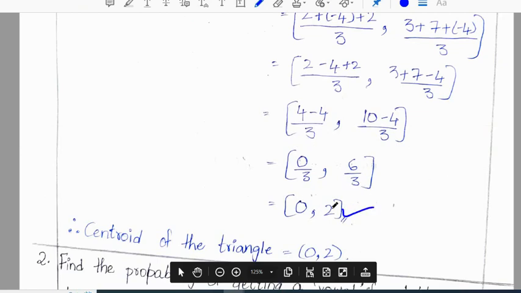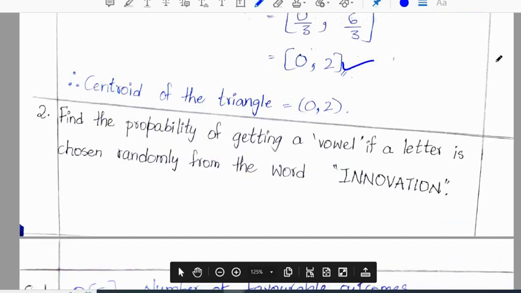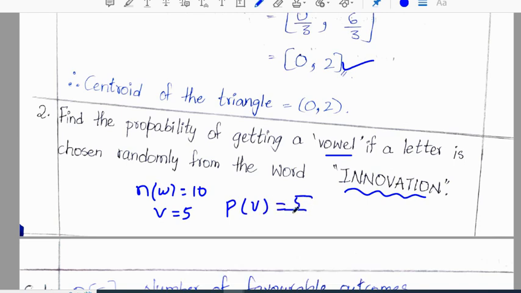The centroid of the given vertices is 0 comma 2. Find the probability of getting a vowel if a letter is chosen randomly from the word innovation. In innovation, the number of letters is 10 and vowels are 5. So probability of getting a vowel is 5 by 10, which is also 1 by 2.